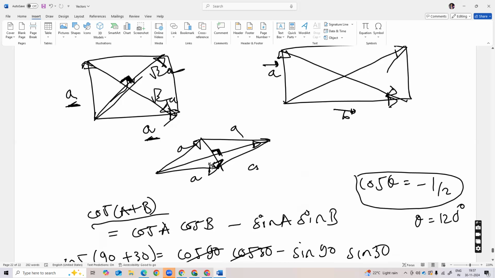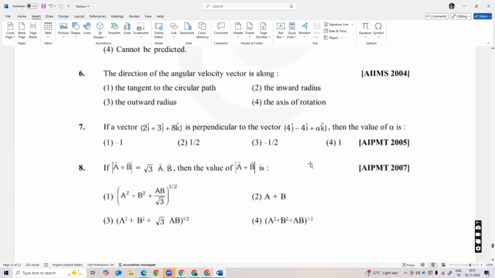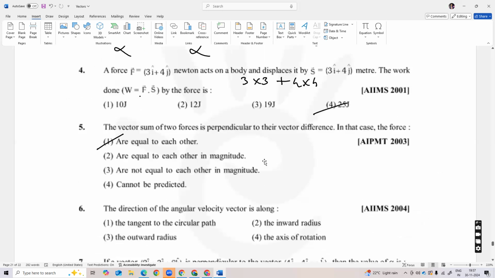And if you have to prove that, you will have to use trigonometry, and with trigonometry you can simply solve that.